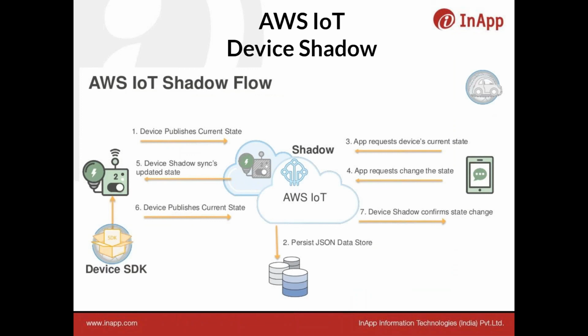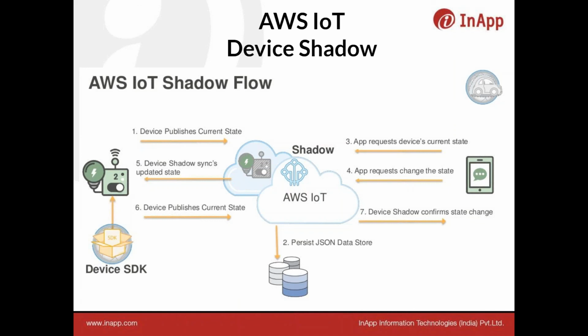Actually, this is the shadow flow. Devices publish their current state. AWS IoT will store that somewhere in that JSON data store, and devices will actually request for that using the MQTT publish subscribe mechanism, where devices will be subscribing for any updates.